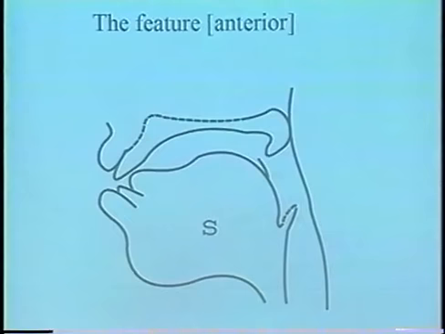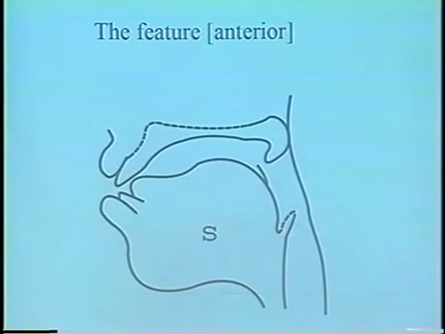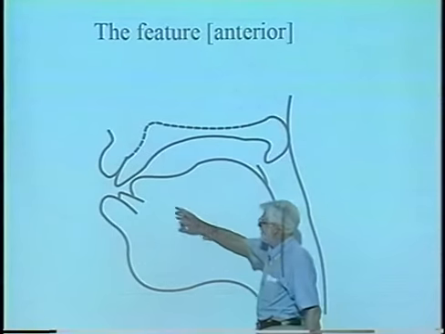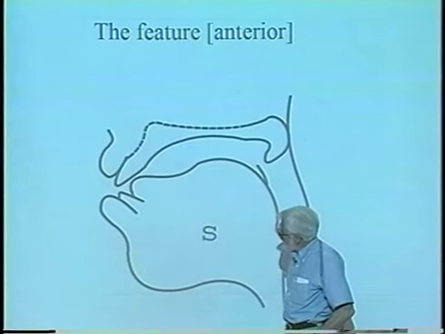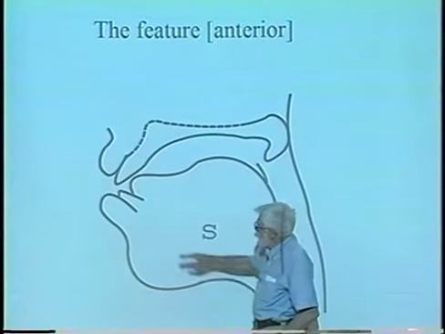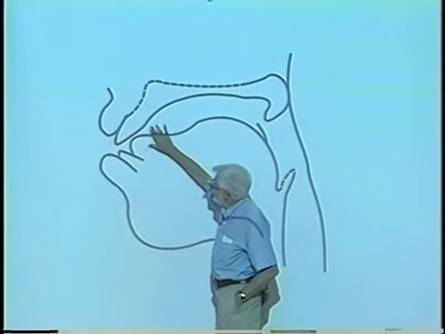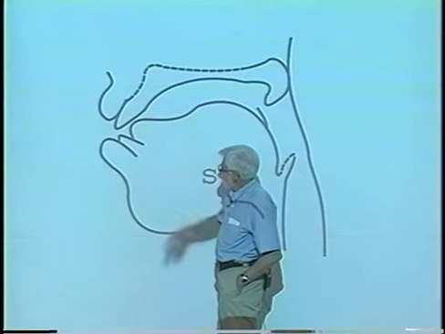One other example is the feature anterior. When we make an S, we make a constriction somewhere near the front of the vocal tract. We can make other fricatives or stop consonants by moving the tongue blade to different positions.